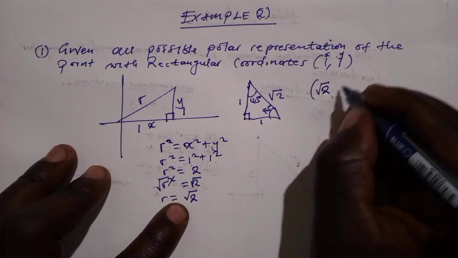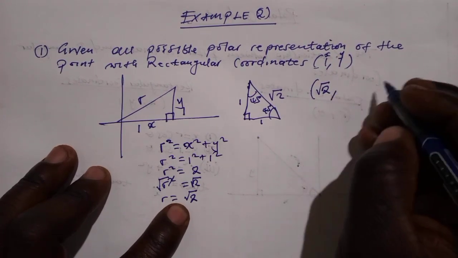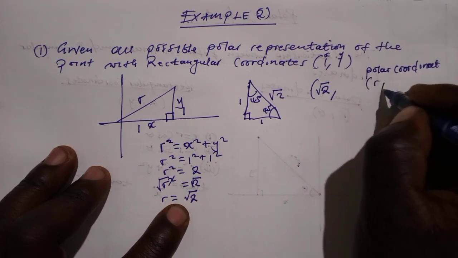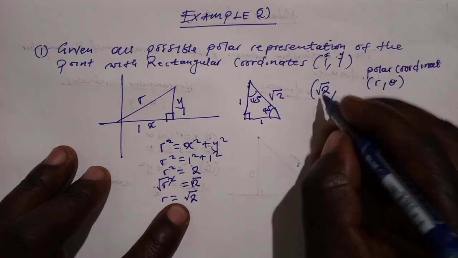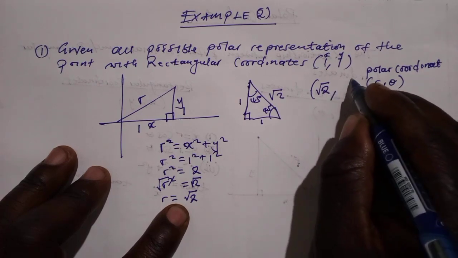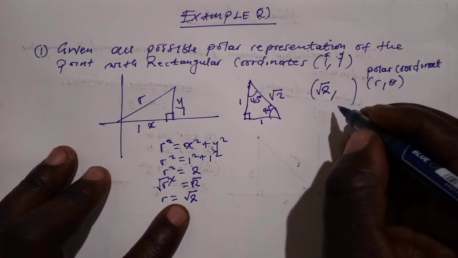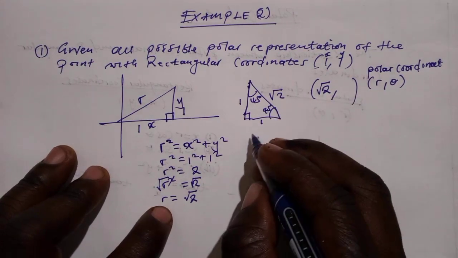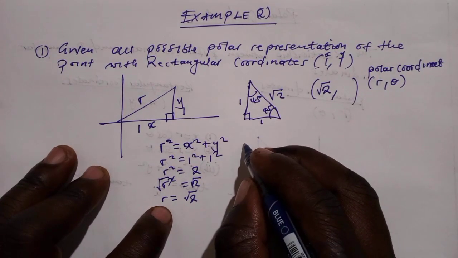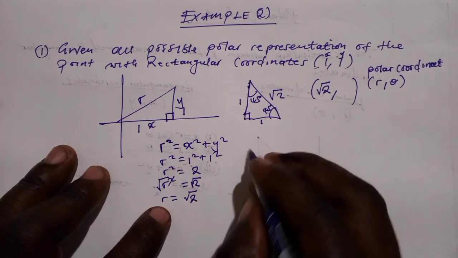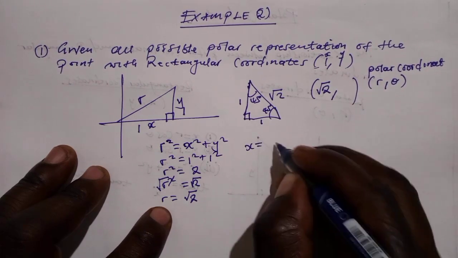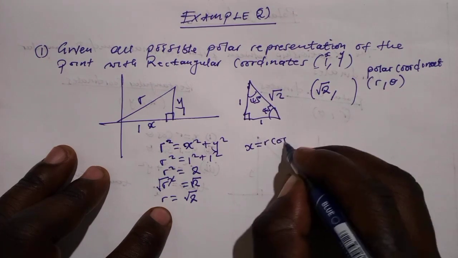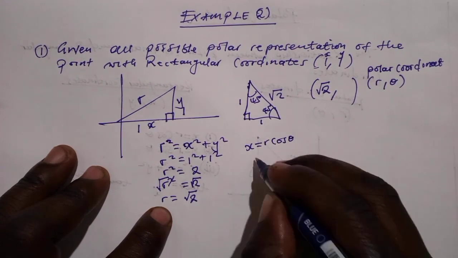So now let's find the angle. We all know it is in this way, which is r, theta. So we have found the r. So let's find the theta now. For finding the theta, we have to use the x component or y component, in which x equals r cos theta.